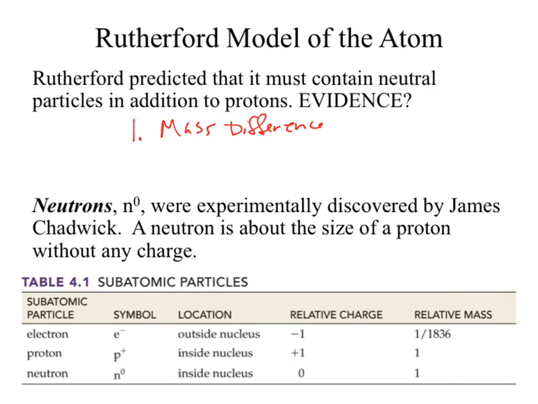I think we got another option, another big option. Why did Thomson say we had to spread everything out? What was his reasoning? The charges, like charges repel. Well, Rutherford's theory was that we brought in all the protons into a tightly compact space.